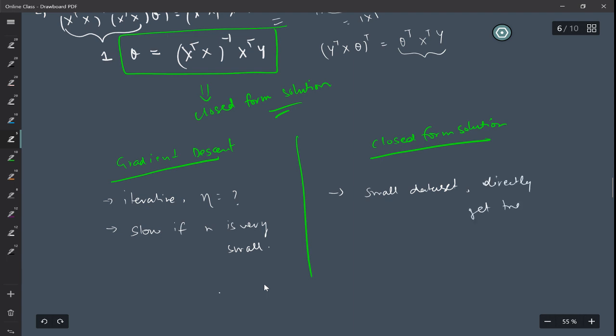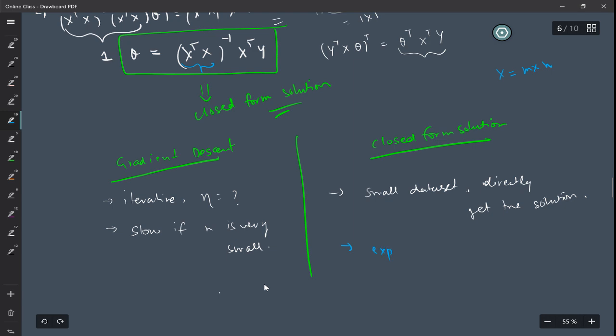But the cost is involved, right? The cost is involved at this point when you have to compute this term x transpose into x, right? So this is going to be a matrix. So x was having dimension m cross n, right? And x transpose x is going to be an n cross n matrix, and if the data set is huge, then this inverse could be expensive, right?